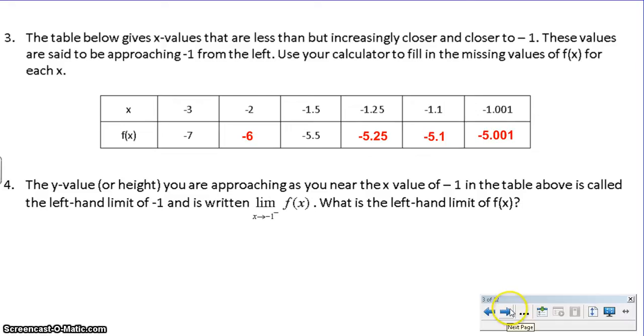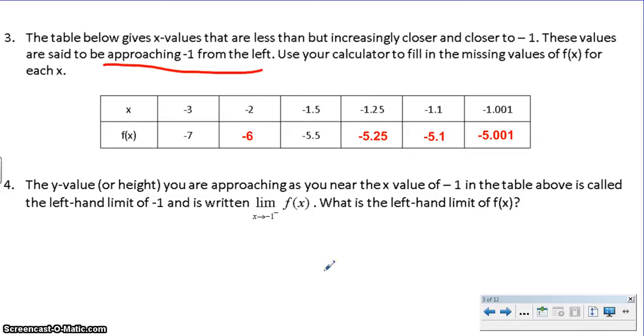So next we're asked to complete this table. So hopefully you were able to complete the table and identify the values that I have here in red, the -6, -5.25, -5.1, and -5.001. Basically what we were asked to do here is to evaluate the function at a series of x values. These x values are said to be approaching -1 from the left.